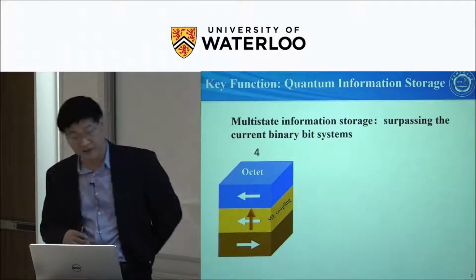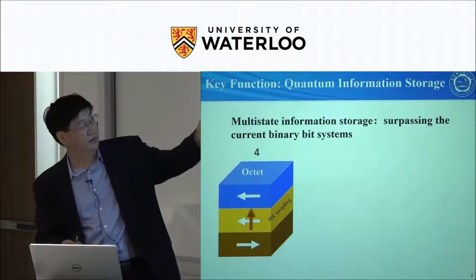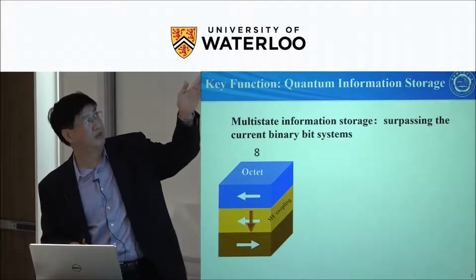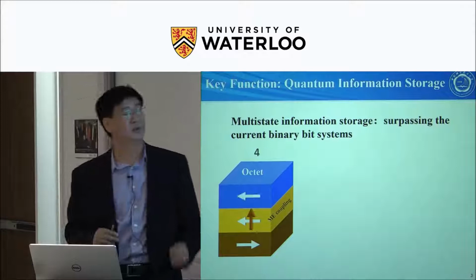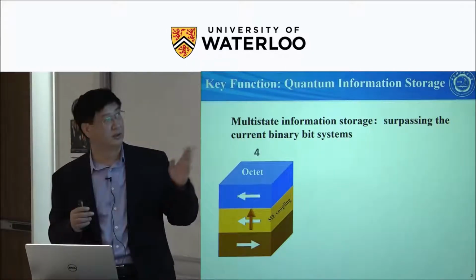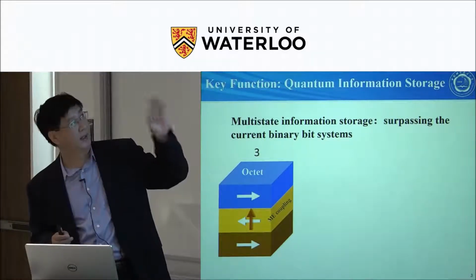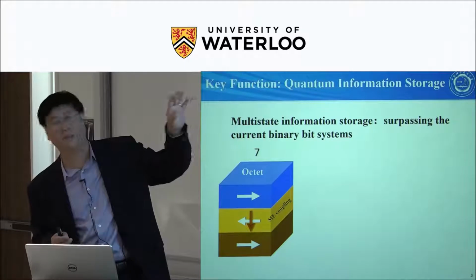Here I give an example, quantum information storage. Look at this multi-state information storage, which means we can expand the binary system into eight different states, so we call it an eight-state memory.